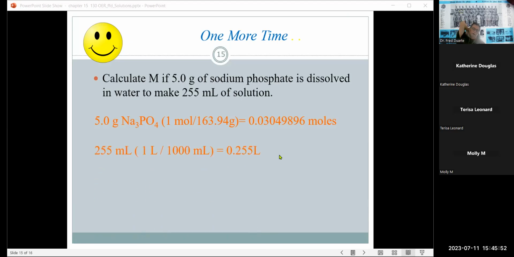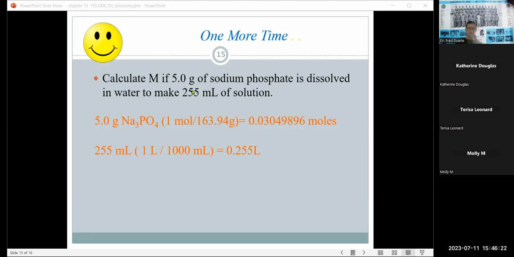Then 255 milliliters, we're converting that to liters. You can use that conversion table there, or just recognize that you can move the decimal point over 3 positions and you're at the liter units. Now you divide through. Remember, look at this, for the number of moles, nothing was truncated. I'm using all the digits there. So I'm taking that and dividing by 0.255.